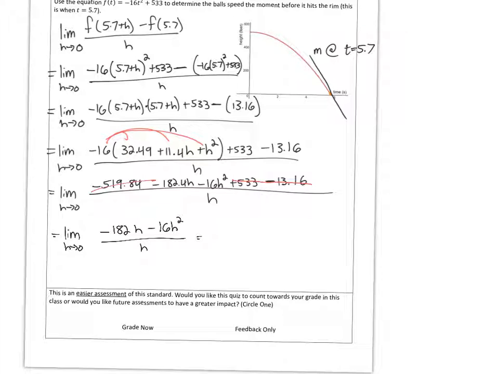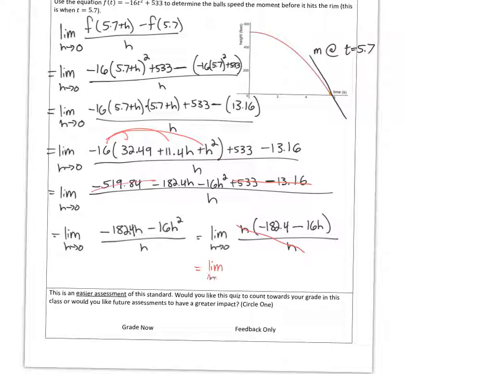I'm going to factor out the numerator, the limit as h approaches 0 of h times negative 182.4, my bad, minus 16h all over h. Almost done here because these cancel out.